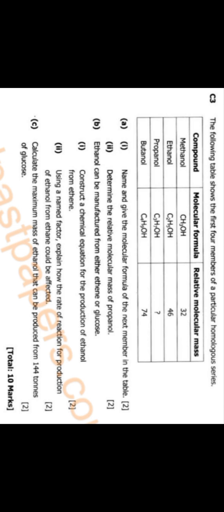You balance it, then use the 144 tons of glucose to find how much ethanol it will produce. The relative molecular masses of glucose and ethanol should come from the balanced chemical equation.